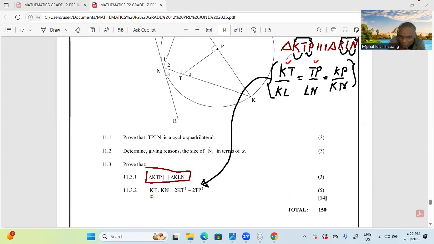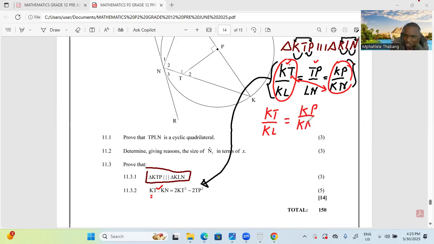So if I pick this first and pick the last here, I know that when I cross multiply, KT with KN gives this part here, KT times KN. So I'm going to take the first and the last. I'm going to say KT over KL is equal to KP over KN. And I must write the reason.